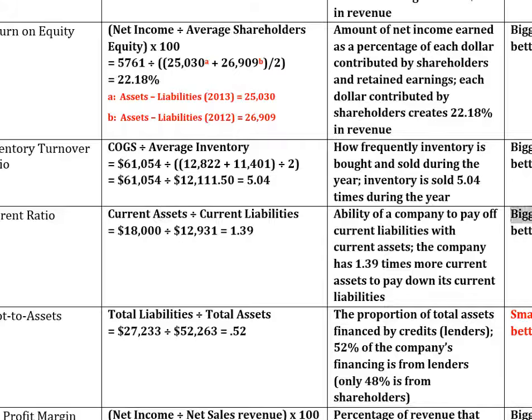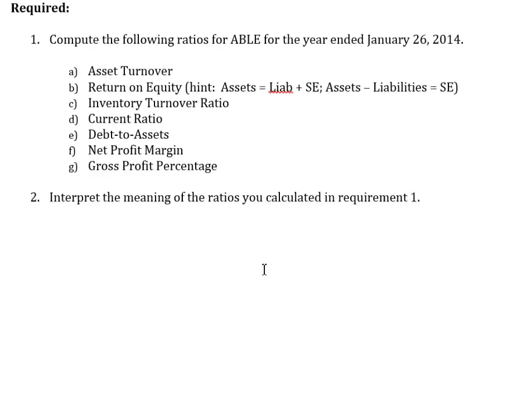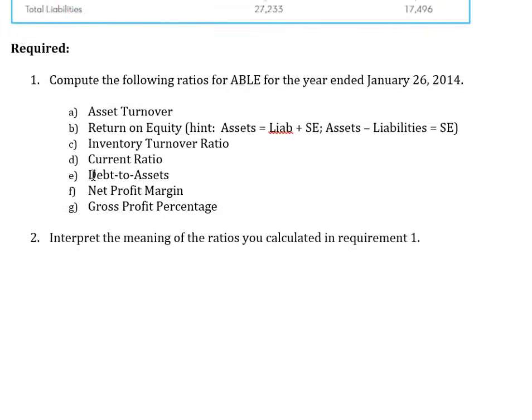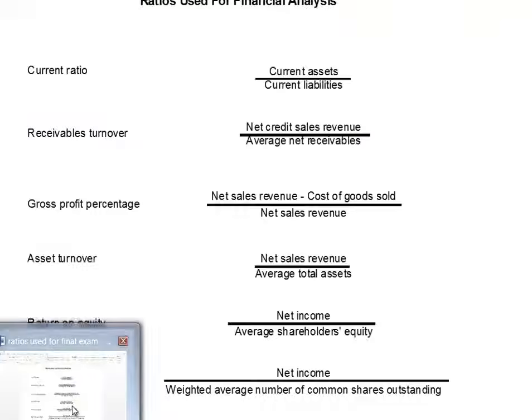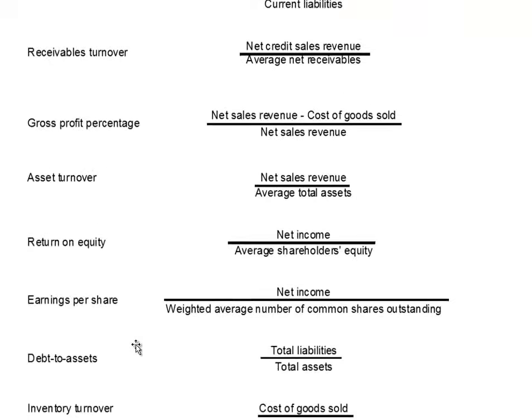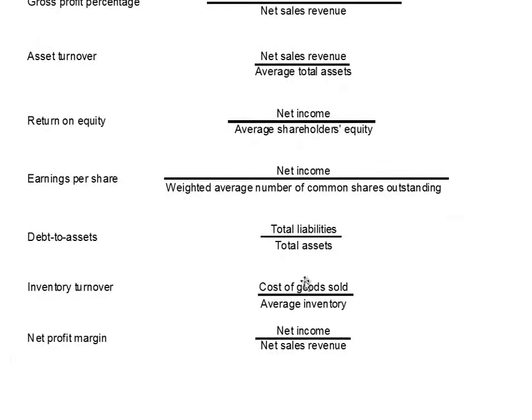So again, bigger is better. Now, let's go calculate another ratio, debt to asset ratio. What does that mean? Well, on your formula sheet in the exam, you're going to see we give you your debt to asset ratio. It's total liabilities divided by total assets.